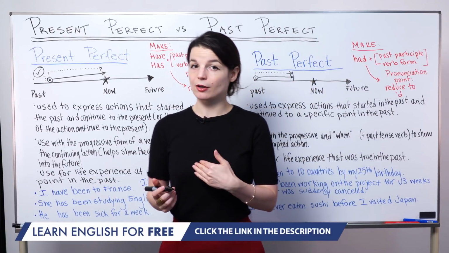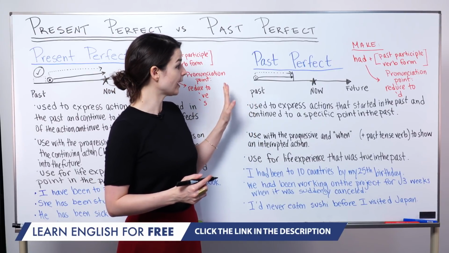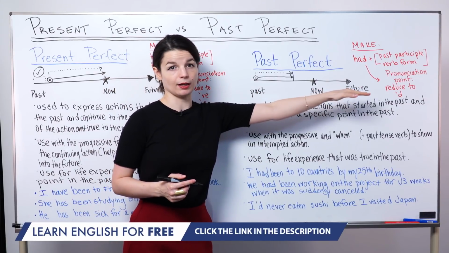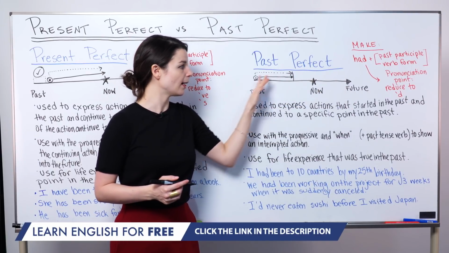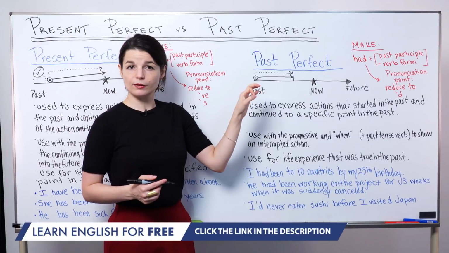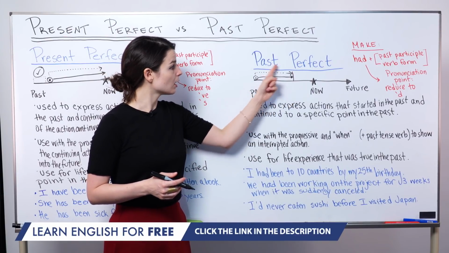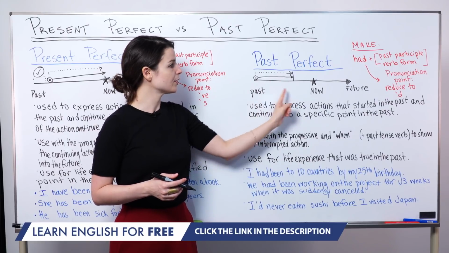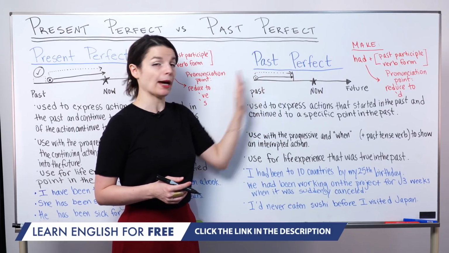So let's compare this to past perfect tense. Again, I have a diagram here of the present, now, the future, and the past. One key difference that you can maybe see quickly is that here, all of the situations involved, everything in the situation is in the past.